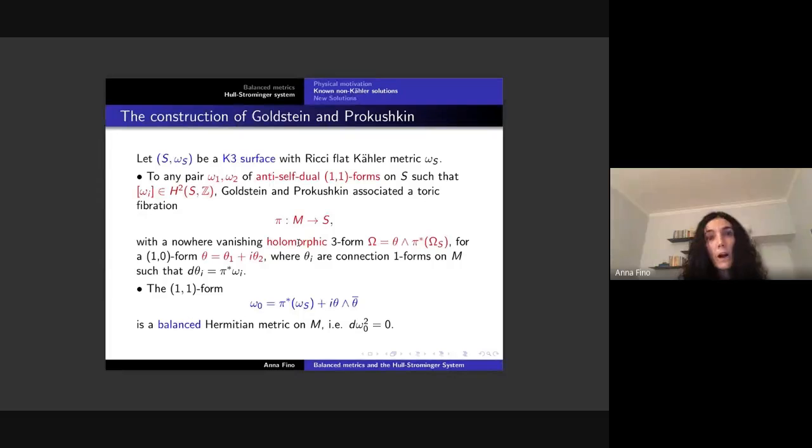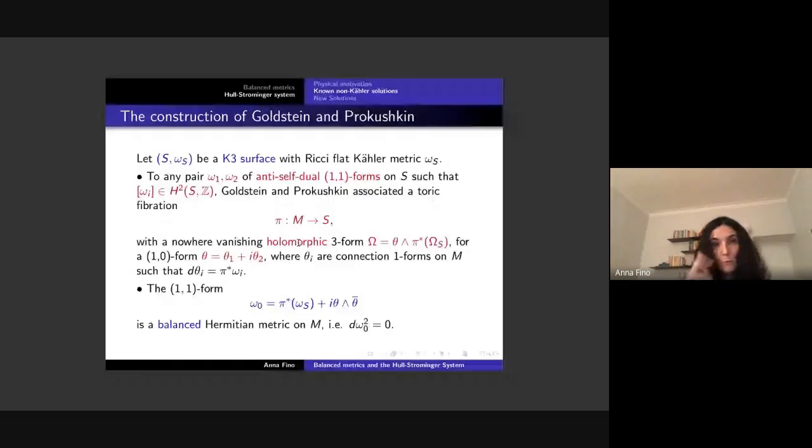And then what Goldstein and Prokushkin did is associate a toric fibration pi from M with base S, with a nowhere vanishing holomorphic form, which is given by essentially the connection theta, okay?